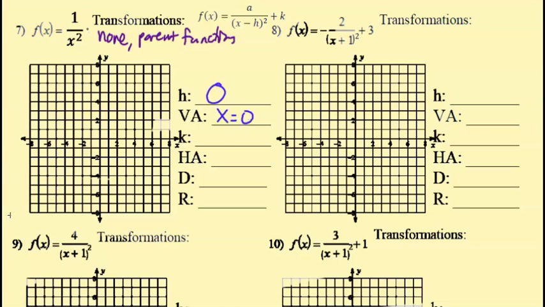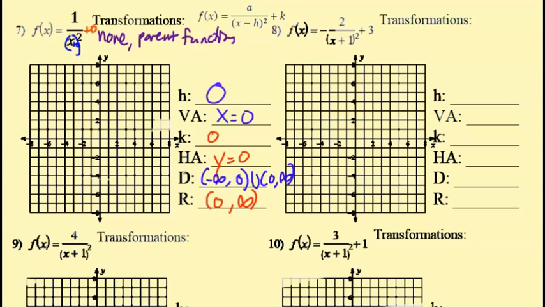The k value, there's nothing there. So that's also 0. So your horizontal asymptote is at y equals 0. Your domain is going to be the same kind of thing as on the other parent function. Negative infinity to 0, union 0 to infinity. Now for the range, it's going to be different. It's only one interval, and that's 0 to infinity.